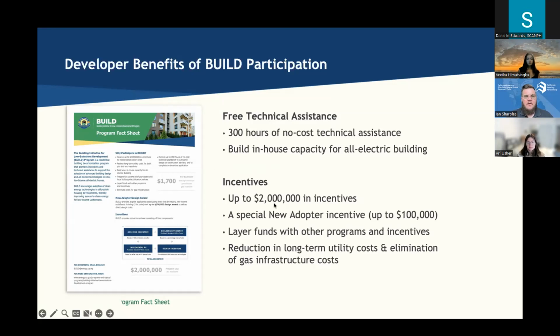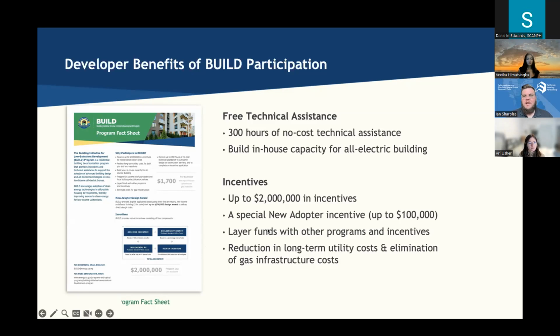For Southern California, SoCalGas territory, there's still about $14 million in financial incentives available, but there's still quite a bit of technical assistance available as well. Applicants and developers are able to receive up to $2 million in incentives, either in one project or they can spread that $2 million across multiple developments.